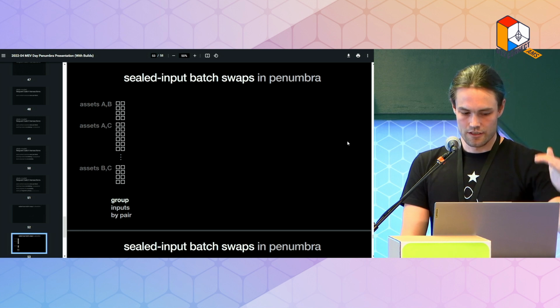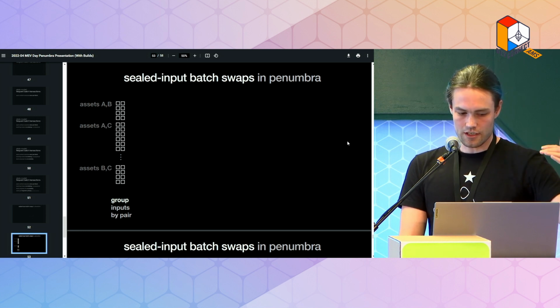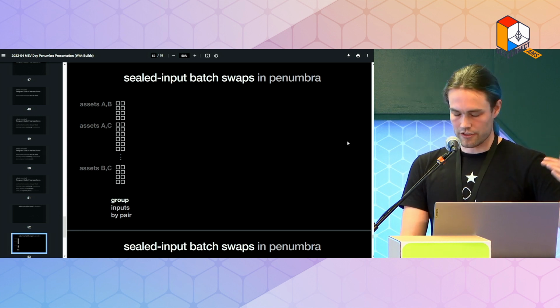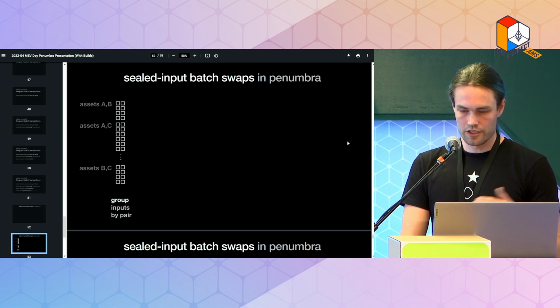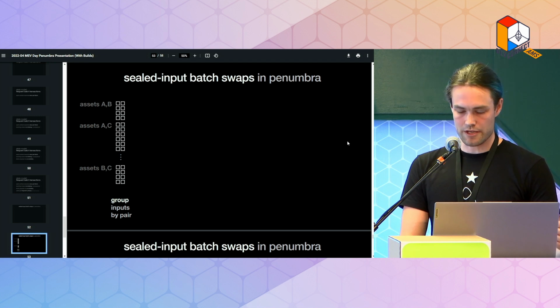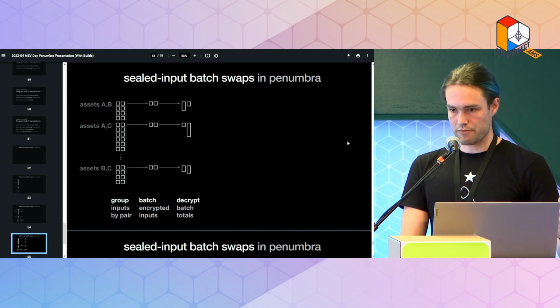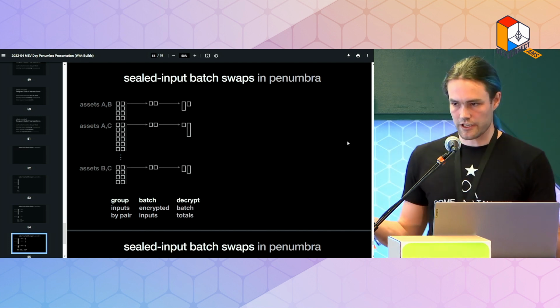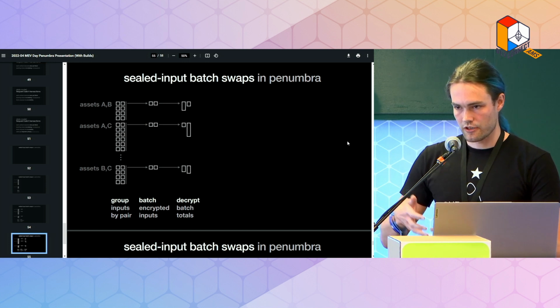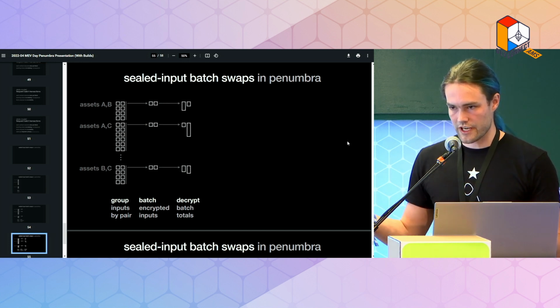So you have some block, you have all of the input trades. You have the consensus system just group those inputs by their trading pair, and then batch up all of the encryptions of the inputs, decrypt the batch totals, and now the application has this global view of all of the trading intent that has been expressed in this block.